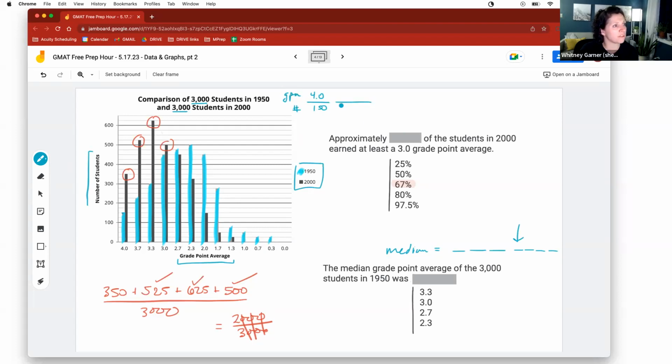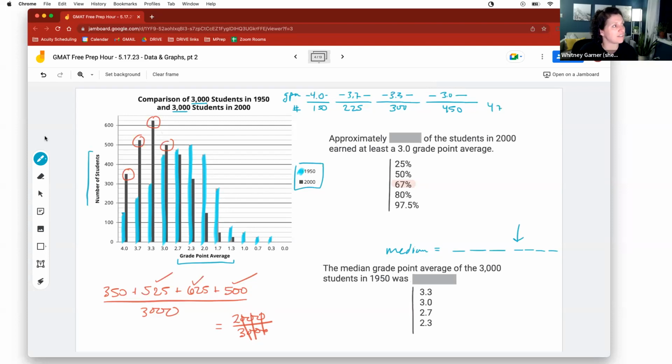I'm going to have another 225 people that get 3.7s. So I'll have 3.7 listed out 225 times. Then I'll have 300 people with a 3.3. So I'll have 3.3 listed out 300 times. And then I'll have a 3.0 listed out 450 times. And then I'll have a 2.7 listed out 475 times.